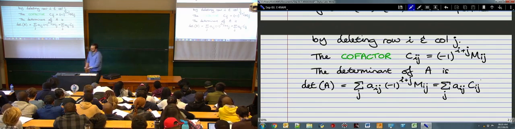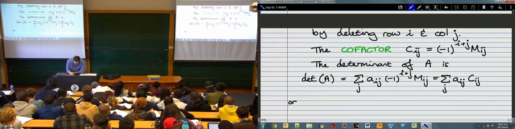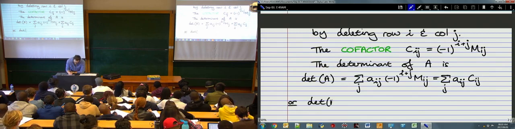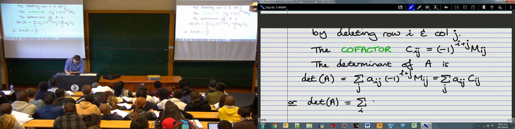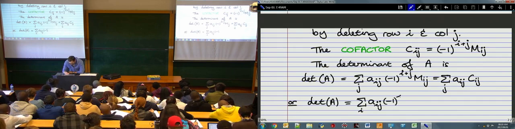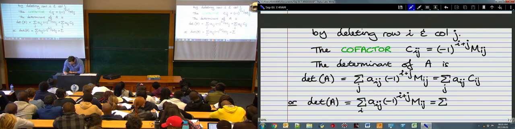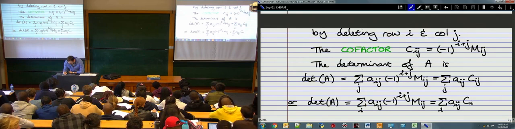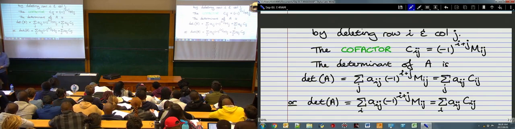So the determinant of A is either that or the determinant of A equal to the sum over i of the same terms. Either of these expressions works.